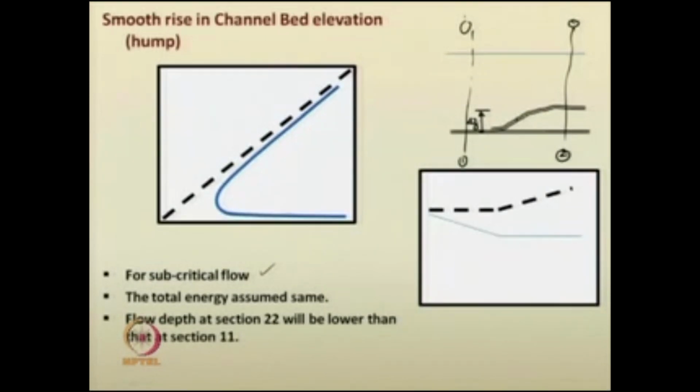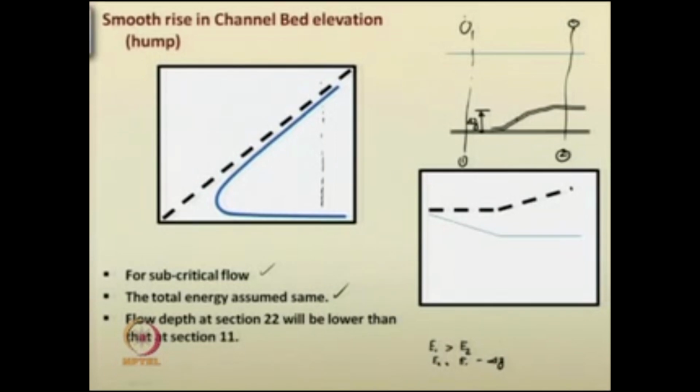So, as the total energy is the same, flow depth at section 2 will be lower than that at section 1. How? You are seeing here E1 is greater than E2, because E2 is equal to E1 minus del Z.